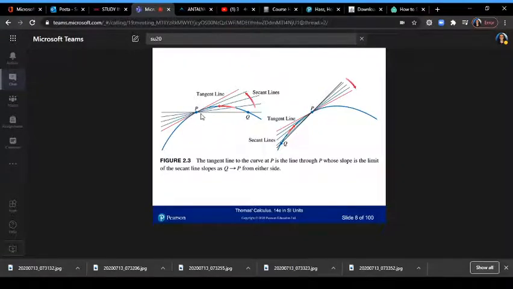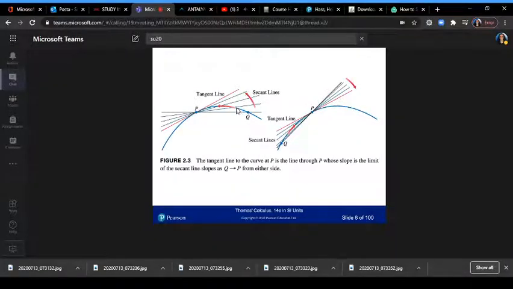You should agree that finding the slope of a secant line is easy, because we know this point Q, we know this point P, and when you know 2 points, it is very easy: y2 minus y1 over x2 minus x1, right? As long as you know the coordinates of these 2 points, and of course we assume that we know them.